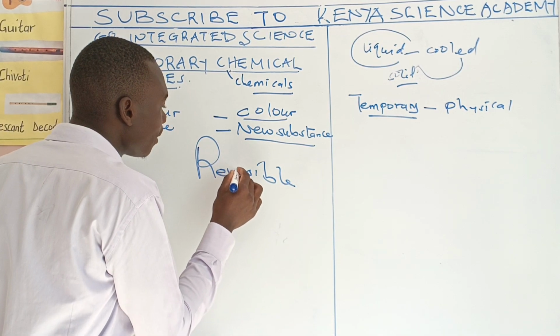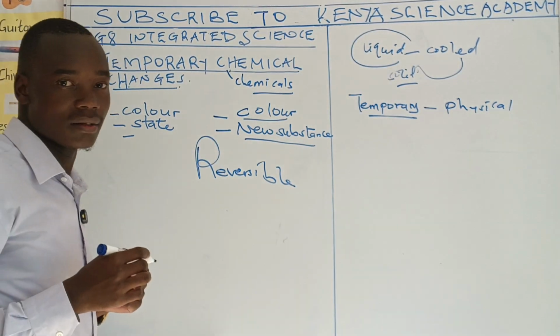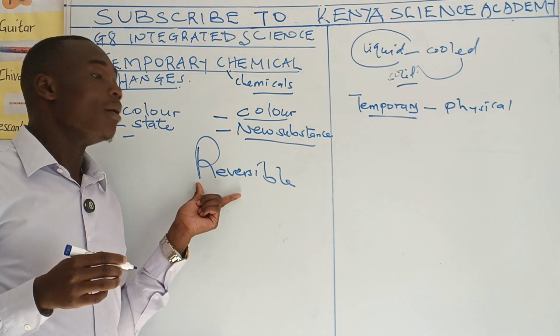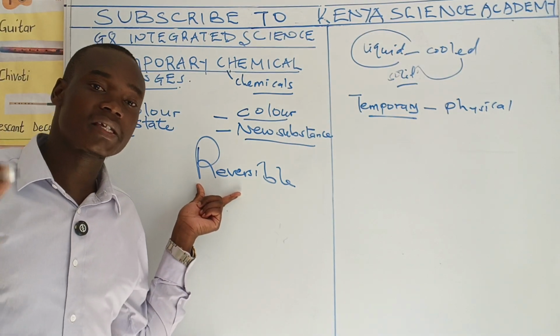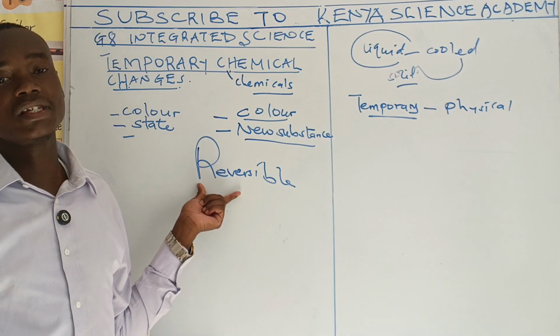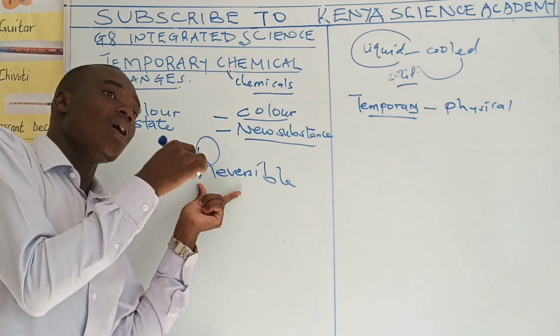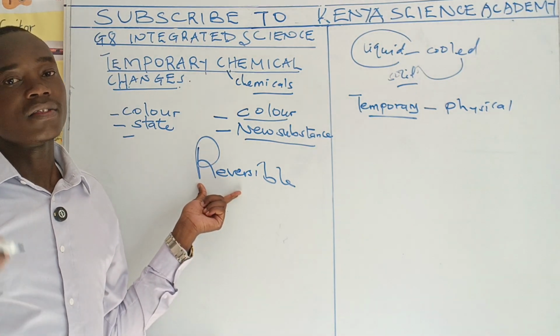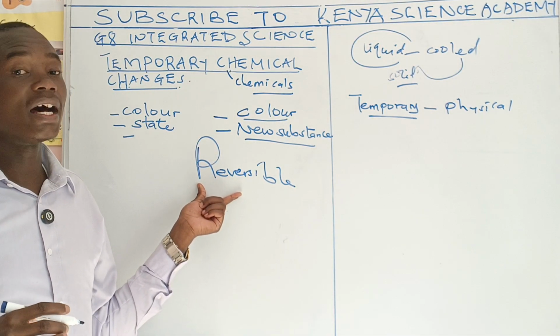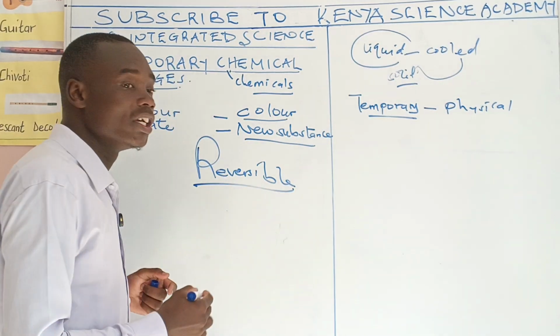When a particular substance moves from its original state and changes to a new state, and from its new state back to its original state, that particular phenomenon is called a reversible change.